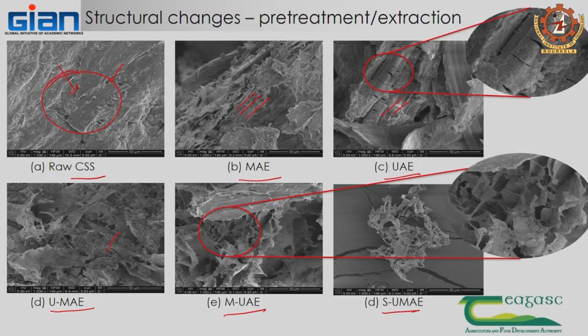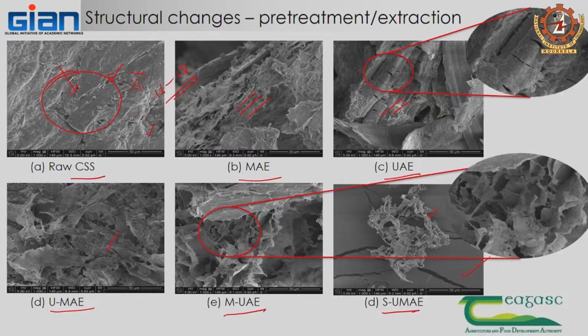I think this is pretty clear here, and you can see how much biomass can be disrupted. Whereas, if you have raw biomass, it takes longer to dissolve it, to expand the network, and then the solvent starts going in. That is why it normally takes 16 to 18 hours to achieve the same extraction which microwave can do in a much shorter time.